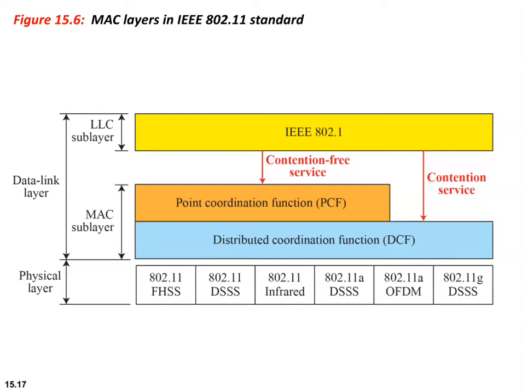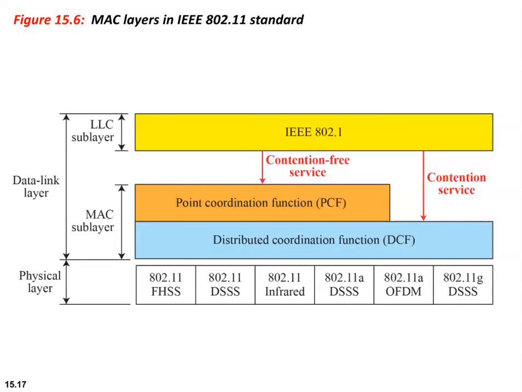That is what we will be seeing in the next explanations. Let us concentrate only on this MAC sublayer, which is one sublayer in the data link layer. The first one is the distributed coordination function.